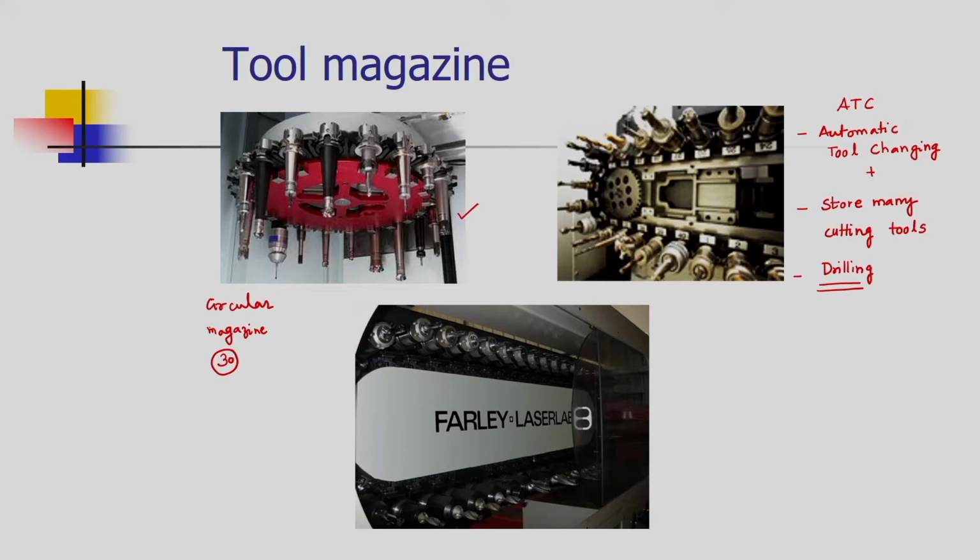But if you want to store, say, from 80 to 120 tools, then we use a chain type of arrangement. So, these ATC facilities have the storage devices as well as mechanisms which are required to remove the tool from the spindle of the machine, that we call unloading of the tool, and then loading of the tool to the machine.